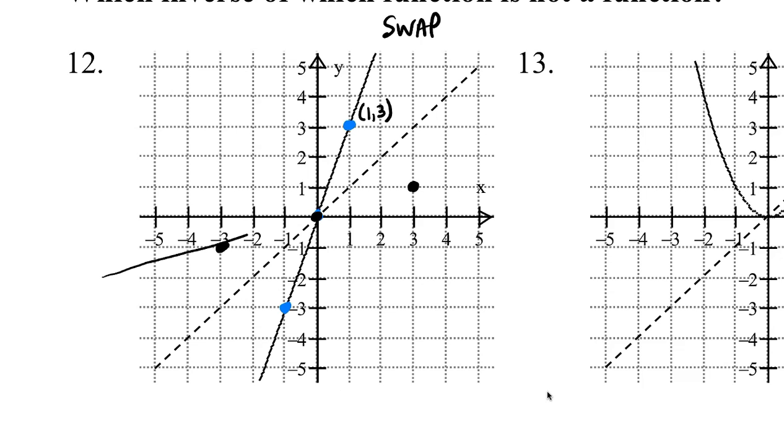So this line is our inverse, and notice that it's a reflection over the dashed y equals x line. And I'll do it in red so you can see it a little better. But those are inverses. This point is a reflection, reflect over the line, and you get that other point.